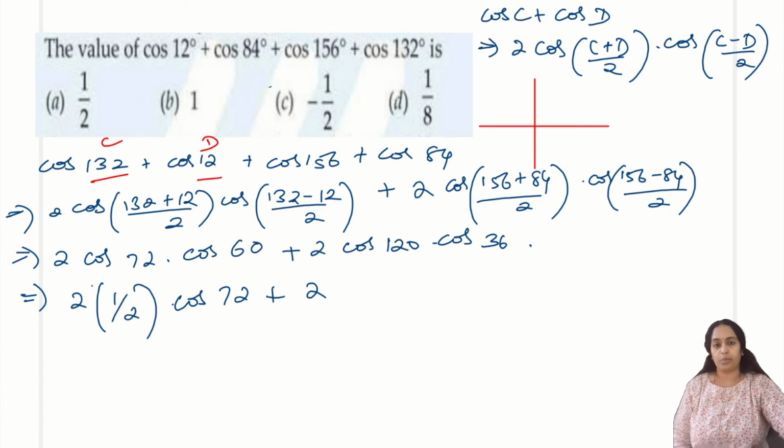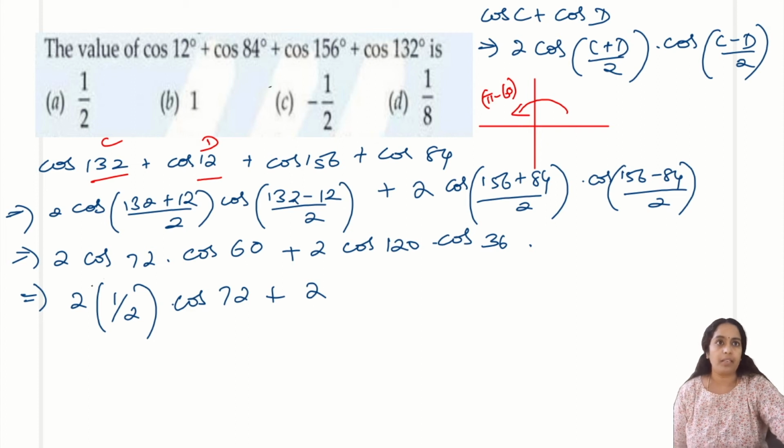Cos 120 degrees will be pi minus 60. So pi minus 60 is 120 and it is in the second quadrant. In the second quadrant only sin is positive. So it's going to be minus cos 60 multiplied with cos 36.